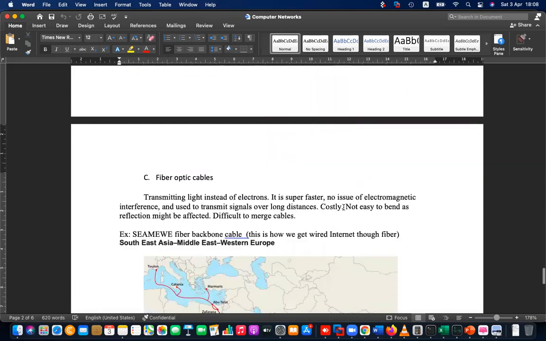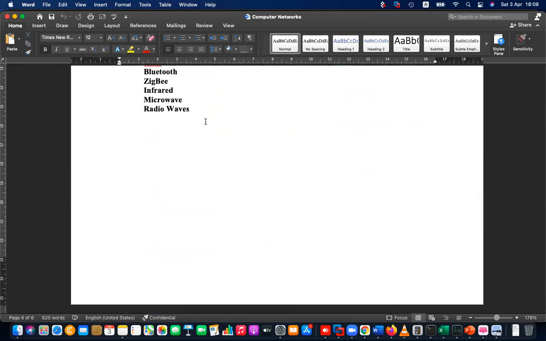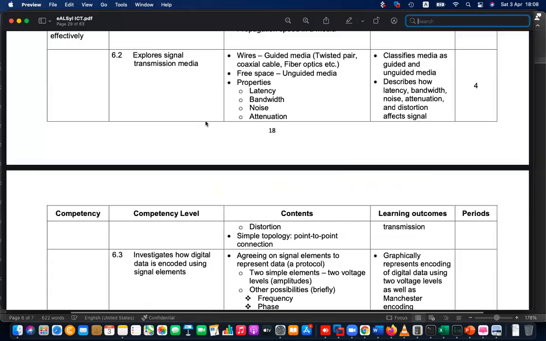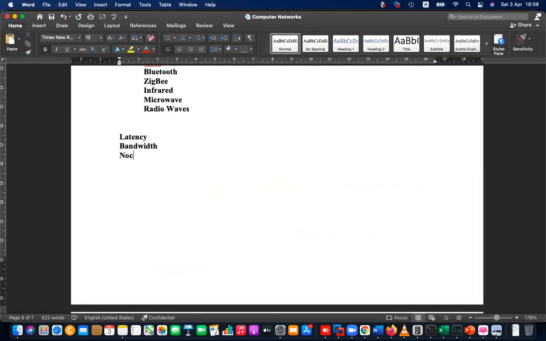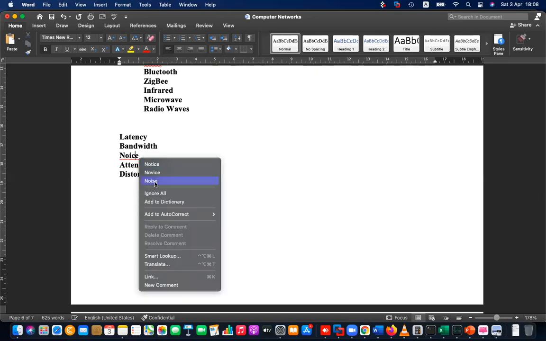So today our topic focuses on these things: latency, then bandwidth, then noise, attenuation, and distortion. We will discuss that today.